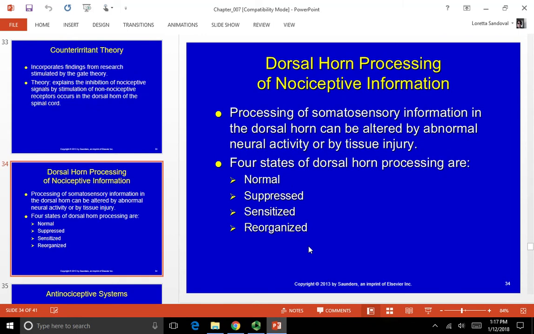So the processing of somatosensory information in the dorsal horn can be altered by abnormal neural activity or by tissue injury. So I talked about this a little bit earlier. The 4 states of dorsal horn processing of nociceptive information are normal, suppressed, sensitized, or reorganized. Okay, and we'll talk about them.